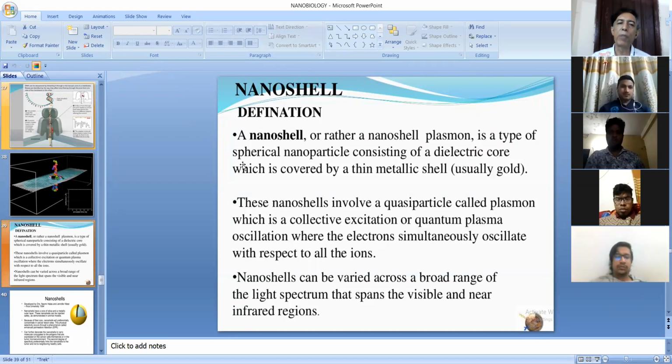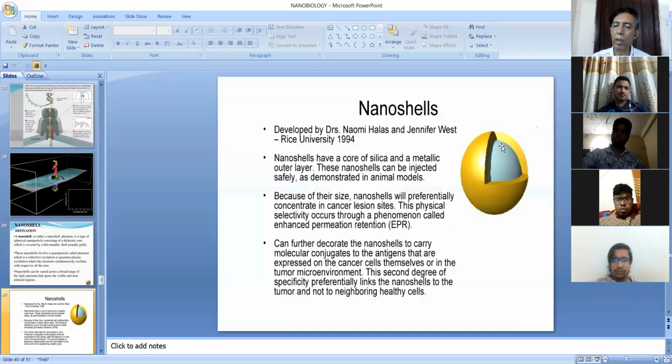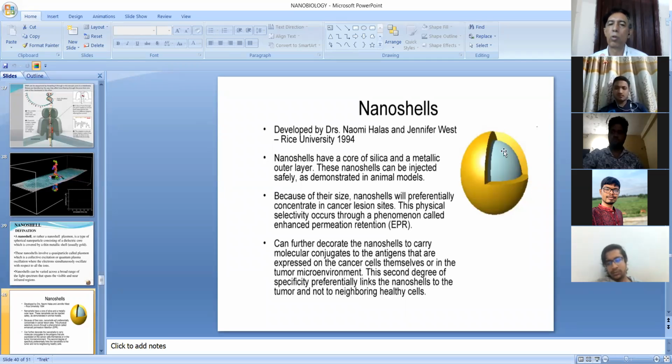So it's a type of spherical nanoparticle that consists of a dielectric core which is covered by a thin metallic shell. That means the inside substance is a dielectric material. Dielectric material means it is like an insulator, but the shell material is a very good conductor of electricity.